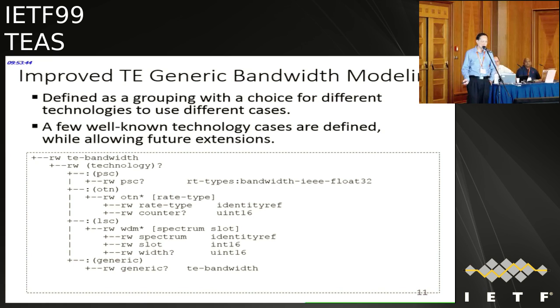Instead of a single string, we changed that to a grouping. We have a structure with the bandwidth modeled in further detail to allow some well-known technologies to have more specific modeling. We covered a few cases here, so it will be more clear and we can have more specific handling, and we don't need to pass the generic string in those cases.